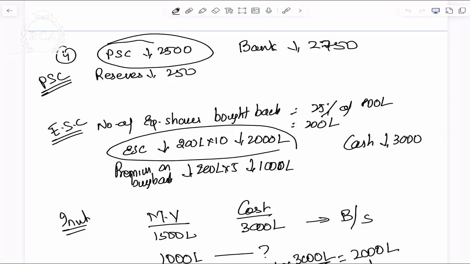Write these given details, guys, and then we will write a note that premium on redemption of preference shares has been adjusted against securities premium.